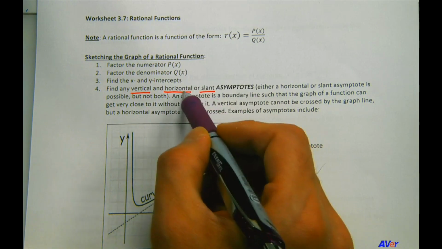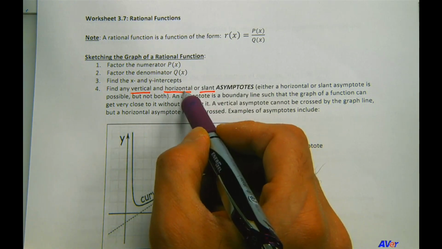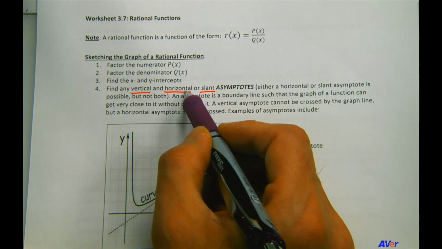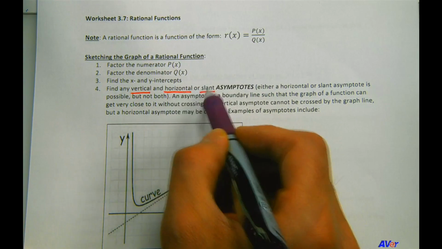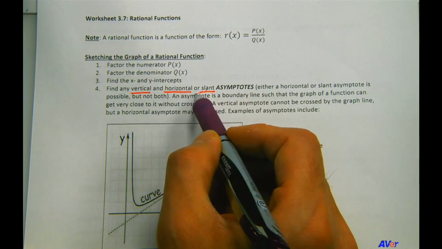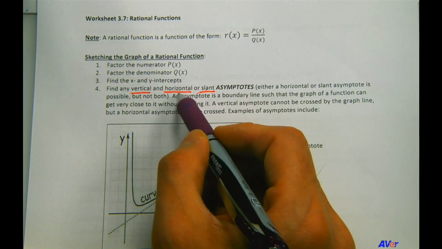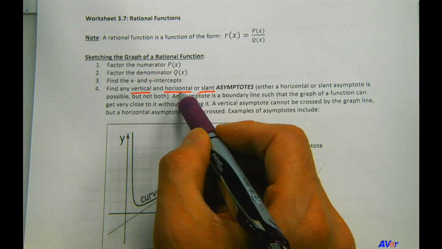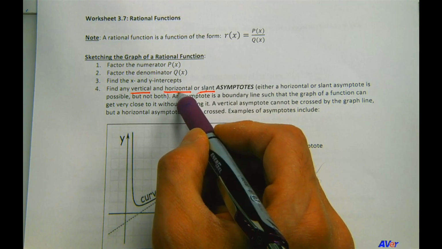We either can have a horizontal asymptote or a slant asymptote. If we cannot have a horizontal asymptote, then we must have a slant asymptote, and vice versa. And there's a very quick and easy test we can run in order to know if we're going to have a horizontal asymptote or not. We'll get to it in a few minutes.